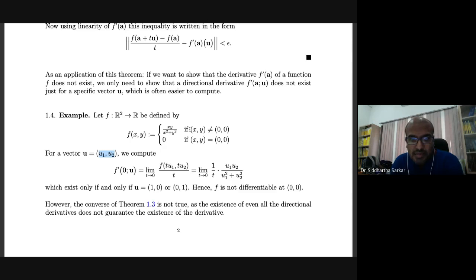Okay, actually there are some other ways to prove that this function is not differentiable. For example, you can try to prove that this function is not continuous at the origin. It is more or less a very similar idea. If you try to approach the origin through a vector u, which is (u1, u2), then this quotient xy by x square plus y square turns out to be some constant, which differs if you take a different direction.